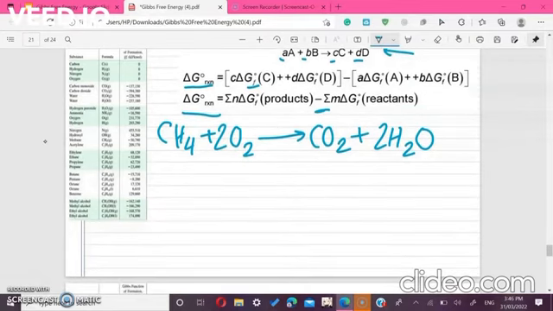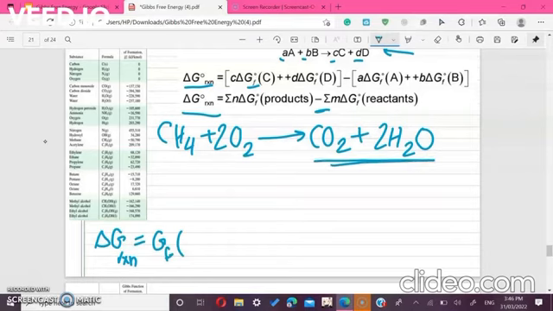So our equation will be delta G reaction equals G formation for products minus the reactants. These are products and these are the reactants.